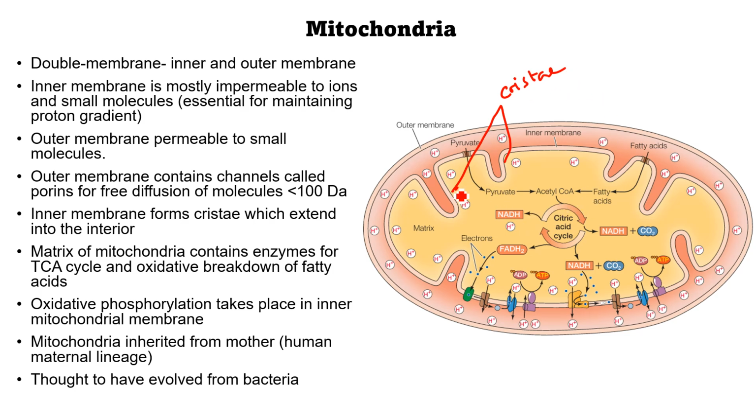And then inner to this inner membrane, you have the mitochondrial matrix. The matrix is the fluid present inside the mitochondria. This matrix has different enzymes which are involved in pyruvate to acetyl CoA, fatty acid metabolism, and all these metabolic reactions taking place inside the matrix.